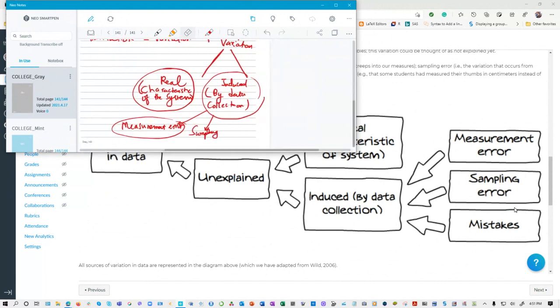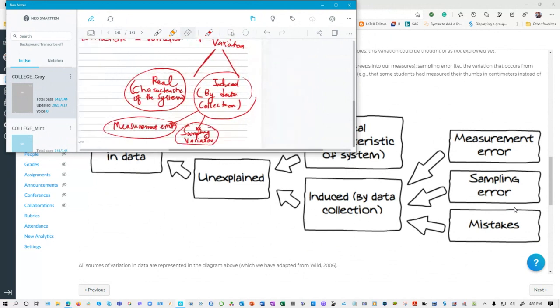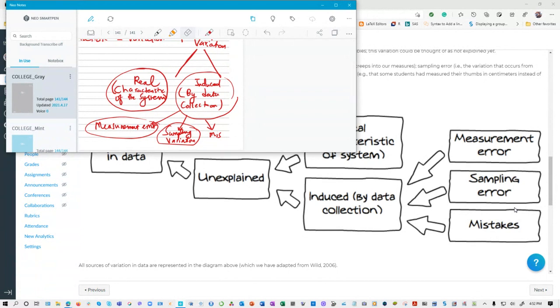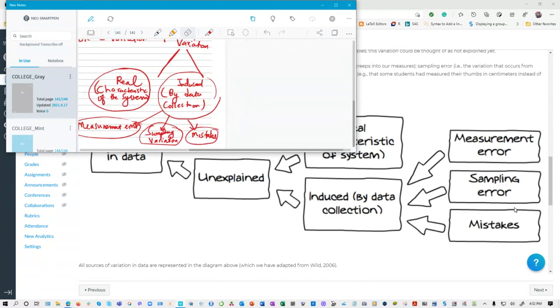The sample is going to change the values of the variable from sample to sample. Or sometimes you enter data mistakenly, you give the wrong information. Mistakes.